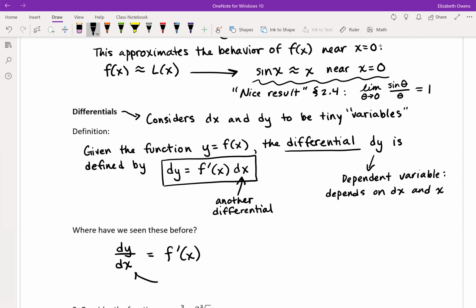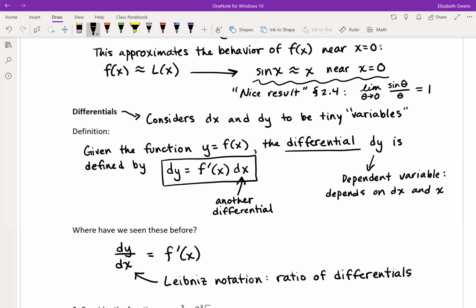So we've seen lots of differentials already without even really realizing it anytime we use this Leibniz notation. Okay, so Leibniz notation is a ratio of differentials. Surprise. So you knew what differentials were all along.